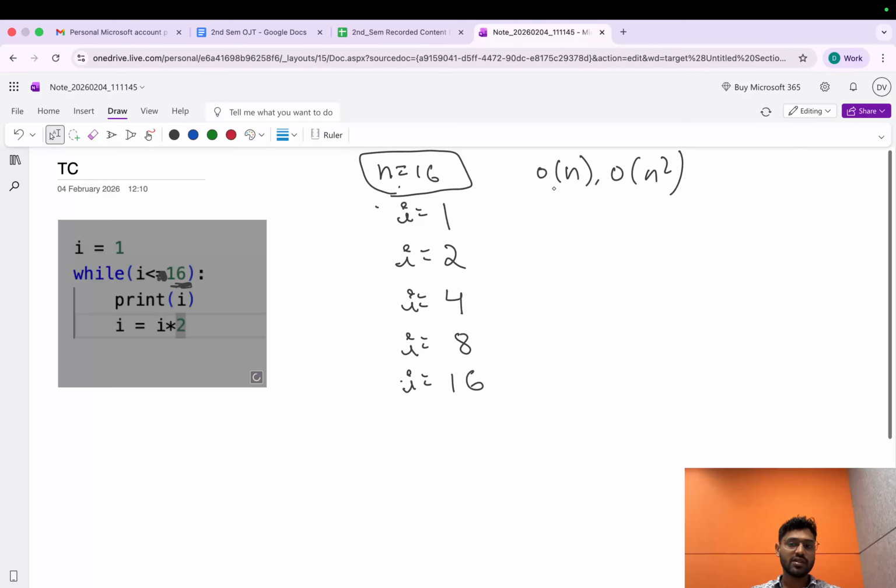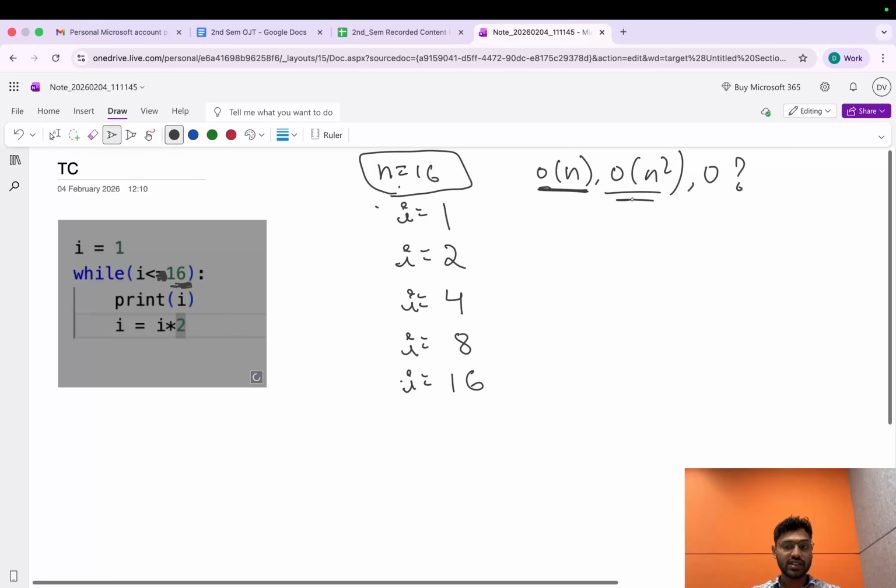No. Is it big O of what? See, definitely it's not n, because it's definitely not running 16 times, or more than 16 times, right? Then how many times is it running?